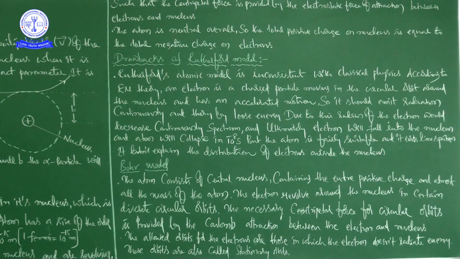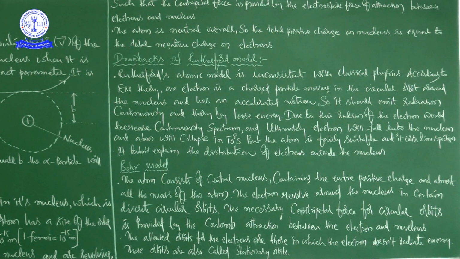According to the Bohr model we have 5 points, but here we discussed only 2 points. The remaining points we will discuss in the next class. In this class we concentrated on the impact parameter.